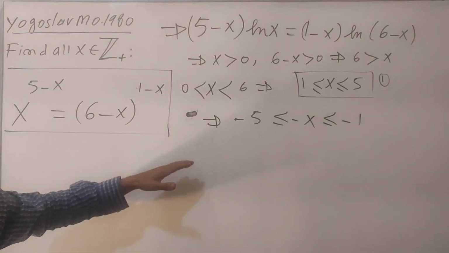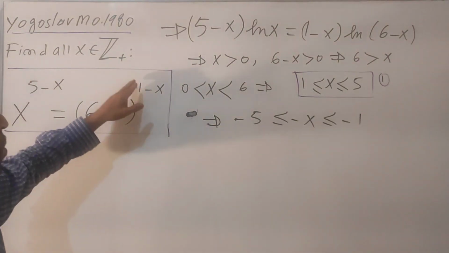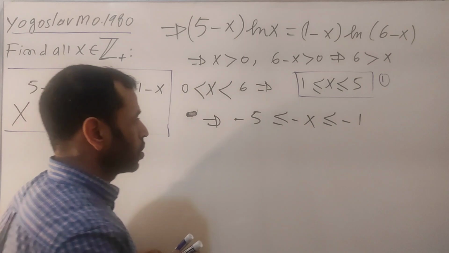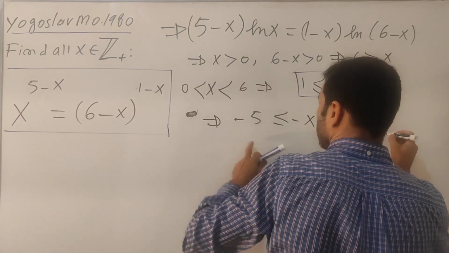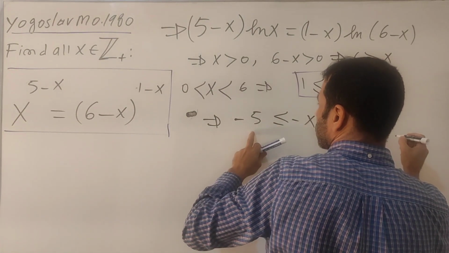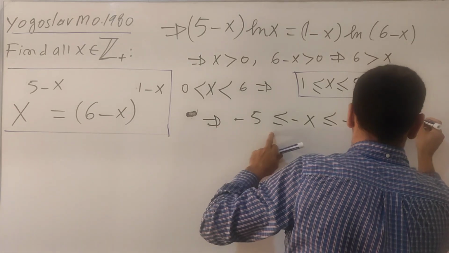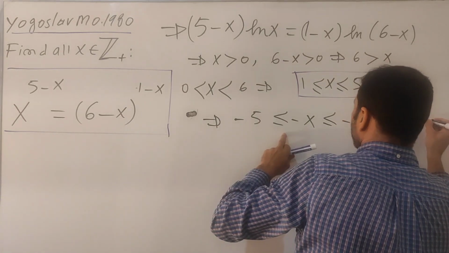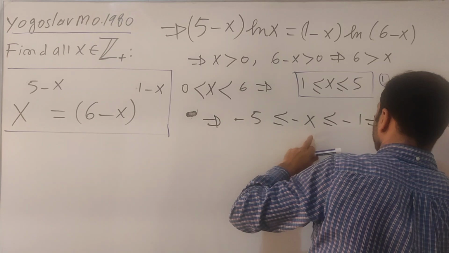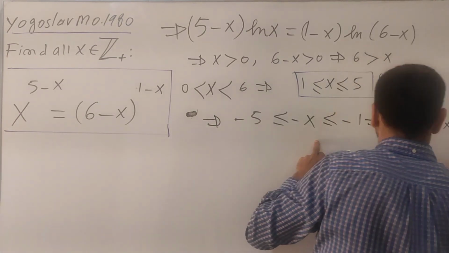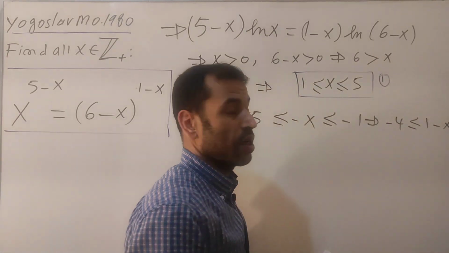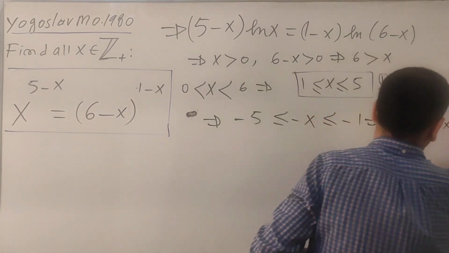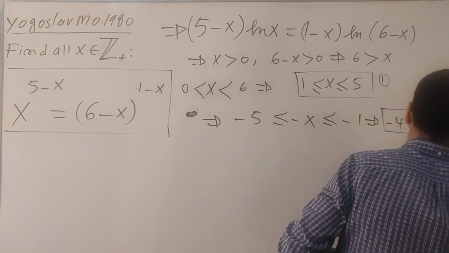Also, I add 1 on both sides because we have the exponent 1 minus x. I get minus 4 is less than or equal to 1 minus x, which is less than or equal to 0. This is inequality number 2.